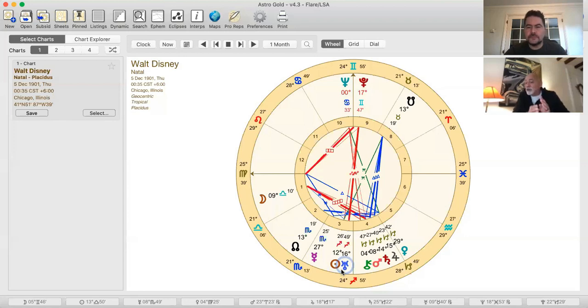But let me just go back to that Mercury again. The Mercury had a lot to do, I think, with what I would call his OCD. He would often get obsessed with his thinking, to the point where his secretary would follow him around with a notebook to write down what he thought.